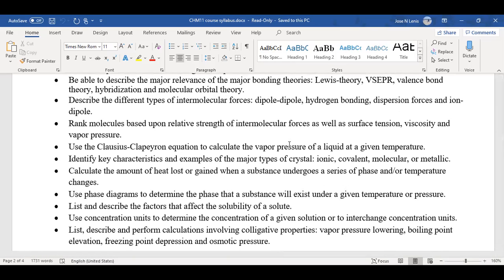After that, the last 2 chapters will cover intermolecular forces: dipole-dipole, hydrogen bonding, dispersion forces, and ion-dipole.